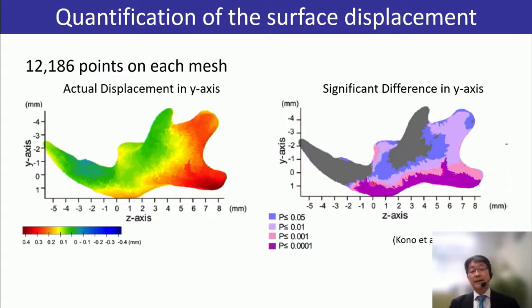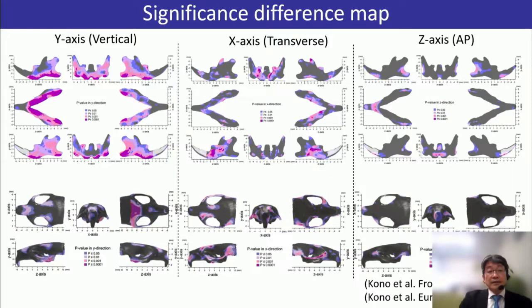And this right panel indicates the significant differences at each point. And this figure shows the significant difference map in each X, Y, and Z axis.